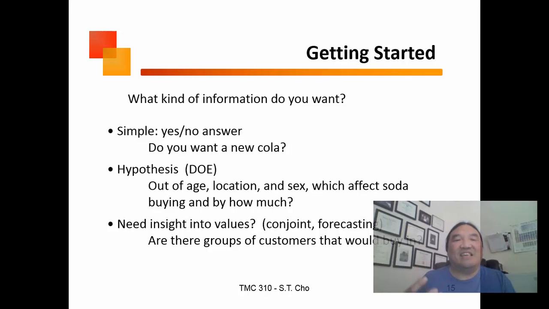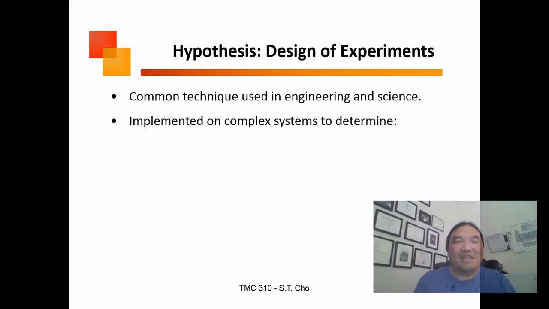If you need insight into values, essentially, again, which values are more important, but by how much. And not only that, but what's significant and what's just random. It also tells you what groups are going to buy in. So in the next lecture, we'll be talking about how we design experiments.